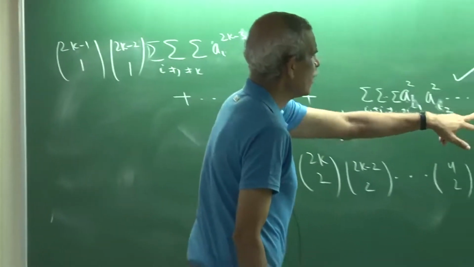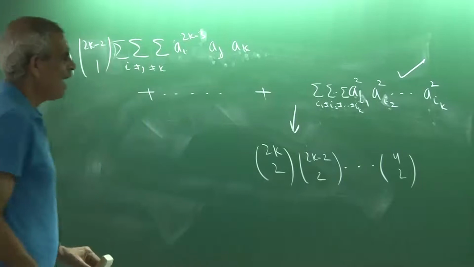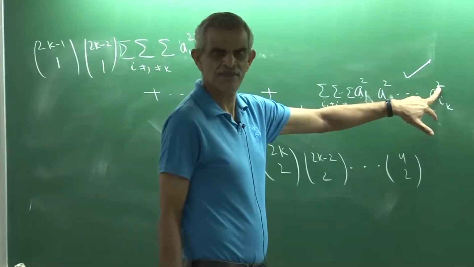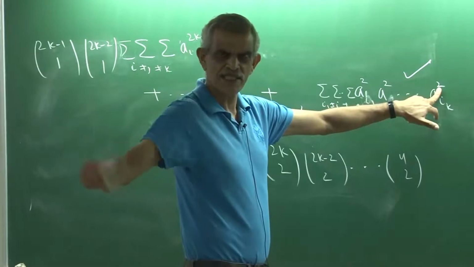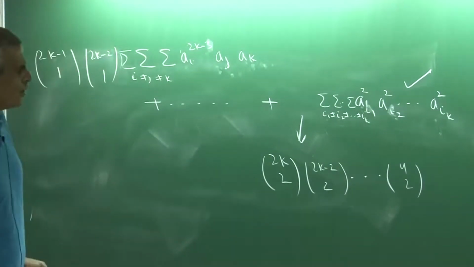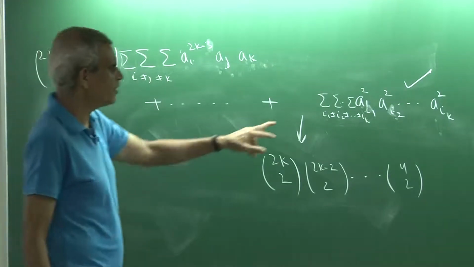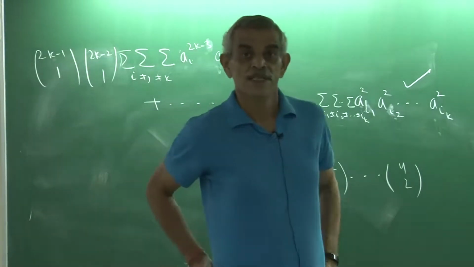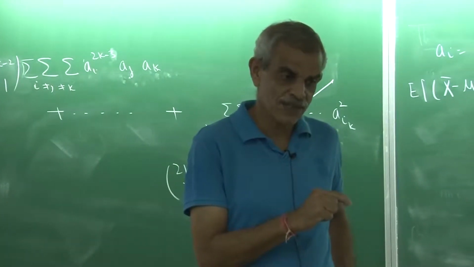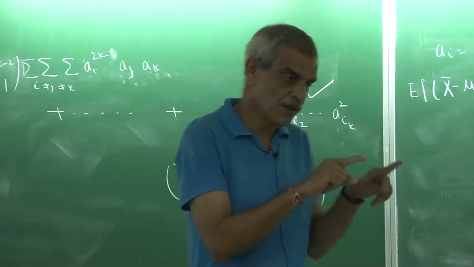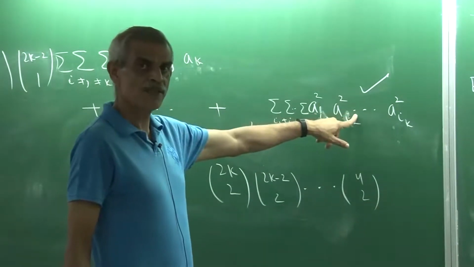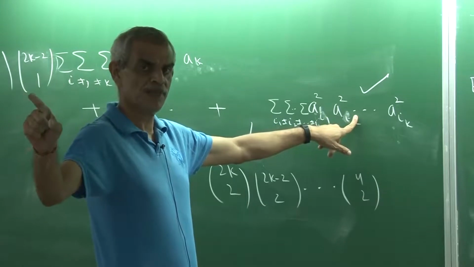And then let us look at this situation. I need not bother in situations where only one power is coming, because the expected value of x_i minus mu is 0. So power 1 I need not bother about. There is a possibility that from k minus 1, 2 powers are coming, and from 1 only 1 power is coming.